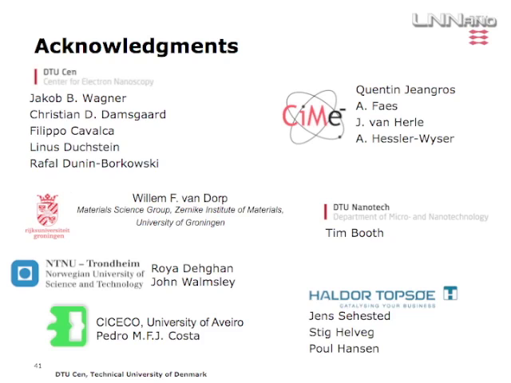Tim Booth at the Nanotech department does all the graphene stuff. And a couple of people from Oslo in Norway, Roya and John, do catalysis work, and then we have a collaboration with Pedro Costa from Portugal, doing some Kirkendall effect experiments, and then we still work with the catalyst company Haldor Topsøe, which is located just 2 kilometers north of DTU.